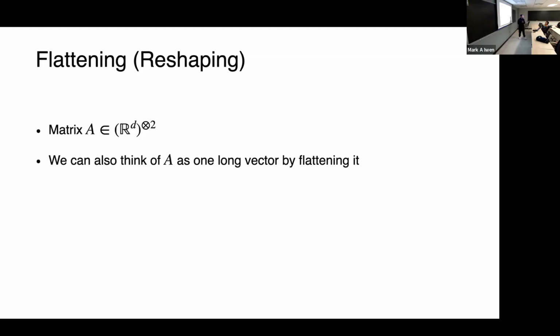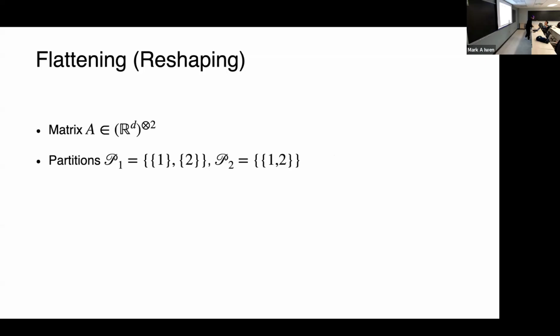And I get a really long vector, a d squared dimensional vector. So more generally, I can think of taking the set 1 through R and partitioning it into non-empty parts. For each of the parts in the partition, I'm going to group those together.